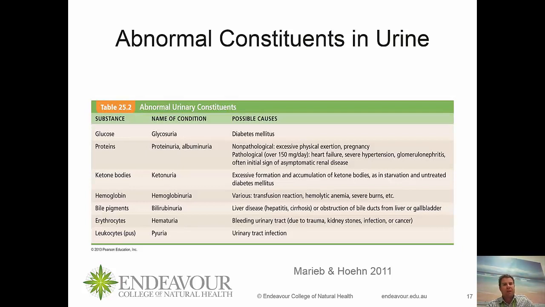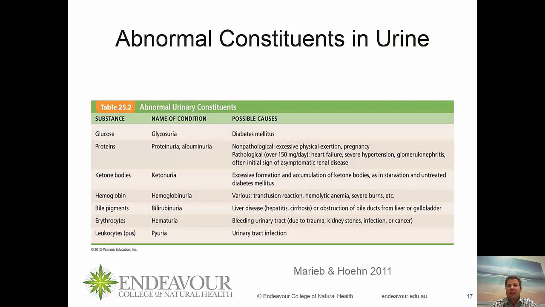Ketone bodies appearing in the urine. Again, that's a sign of diabetes. Diabetics are unable to use the glucose, their cells are unable to take up the glucose, so it stays out in the bloodstream. And because the cells are starved of glucose, they use alternative energy sources, such as amino acids and fats.